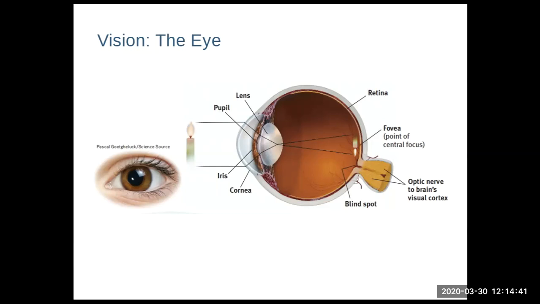But as we talked about in the last lecture, if you're going outside and it's really bright and you just came out of a movie, or maybe now out of your dark house into the bright light, your pupils are going to get much smaller because there's an awful lot of light that's already entering, and we don't want to overload our senses, especially the visual sense. So the pupil gets smaller and only allows a certain amount of light in that we need in order to be able to navigate our world. So the pupil gets bigger and smaller in response to the amount of light that comes through.